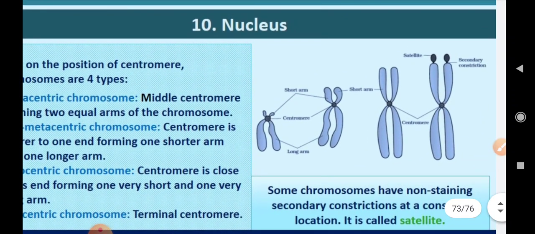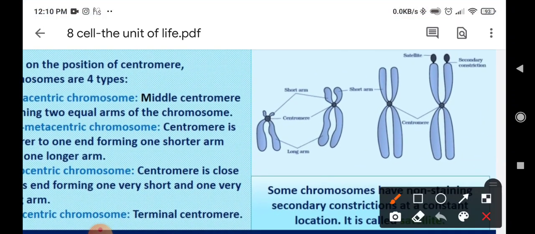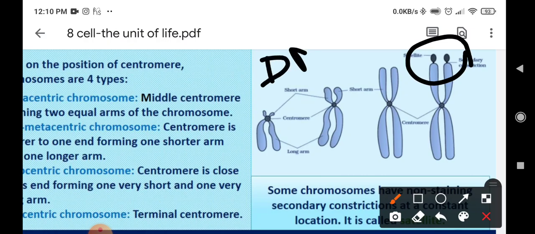And one more thing: in some chromosomes there is sometimes a secondary constriction present. This secondary constriction is known as a satellite. Satellites are also made up of DNA, but they contain repetitive sequences of DNA.